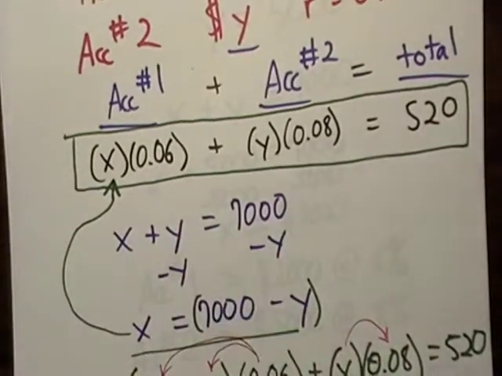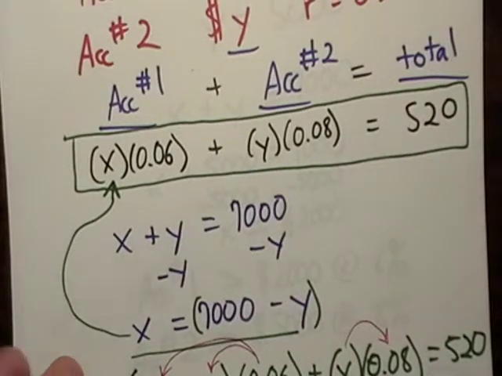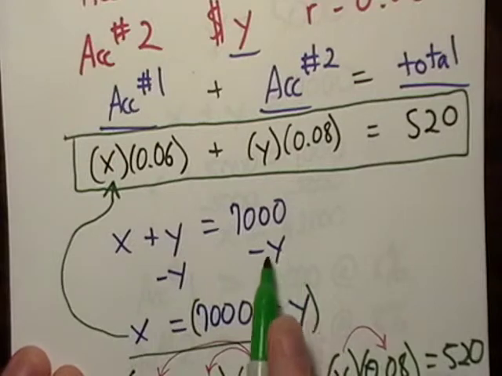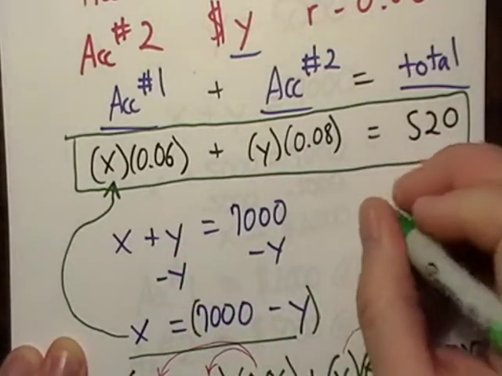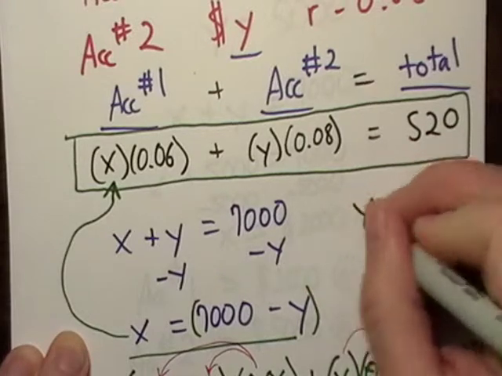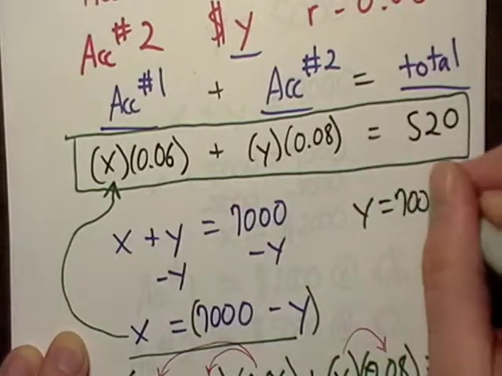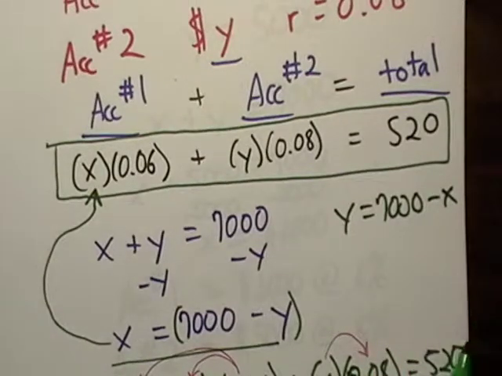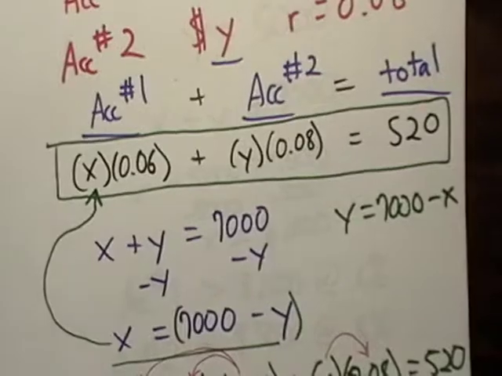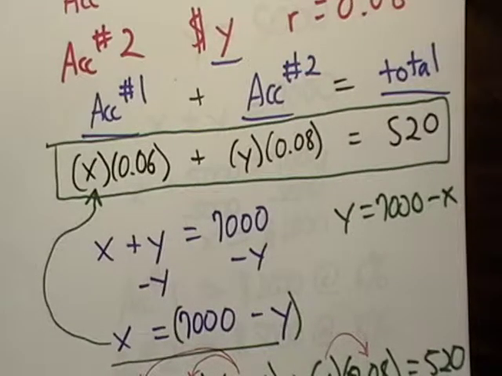Now, let me go back here. We could have done this with either y or x. I could have said y is equal to 7,000 minus x, and I would have gotten the exact same answer. That's a confusing part sometimes for students. They think, what if there's two of them, what if I flip them around backwards?